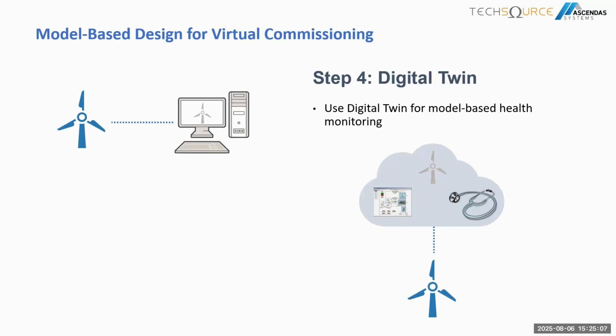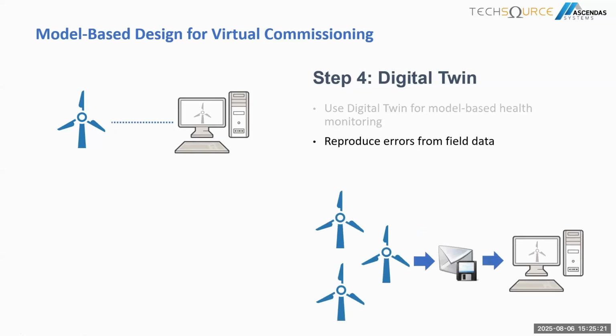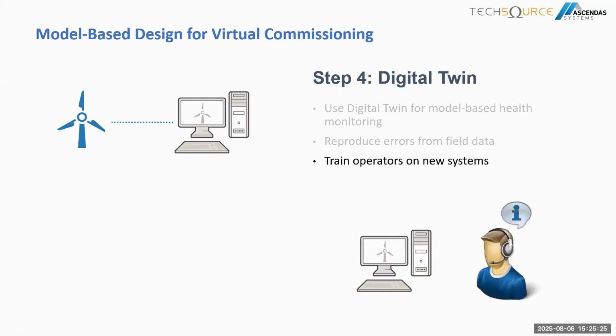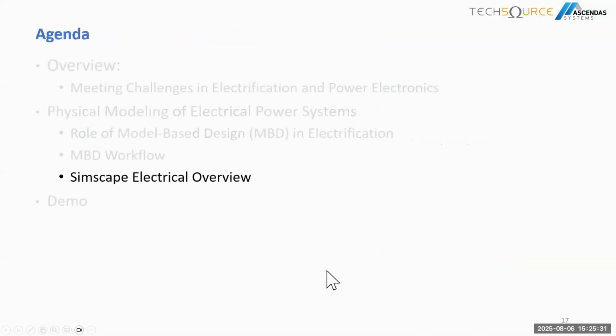In this case, the models that you have can be used for monitoring your existing physical hardware assets. In this case, we reduce errors in the field data and then train operators for these new systems. So these are just some applications that we can use for this matter.